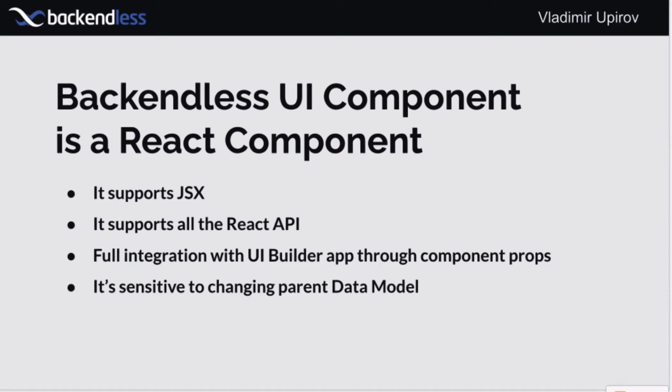So when you build a custom component, you have a way to define all the properties and events and data binding and everything, so that once you bring that component into UI Builder, all of those things become available to developers who write applications without coding.